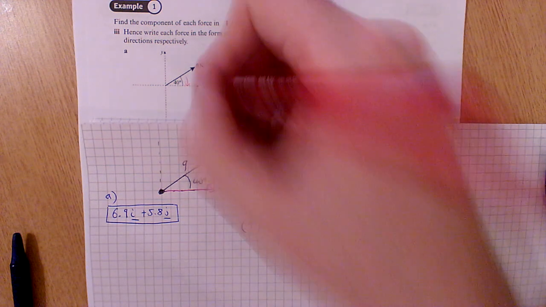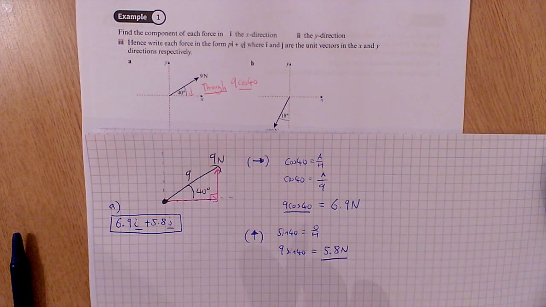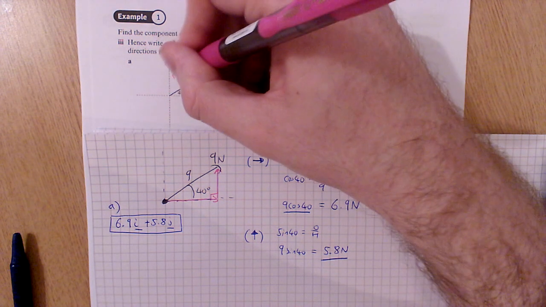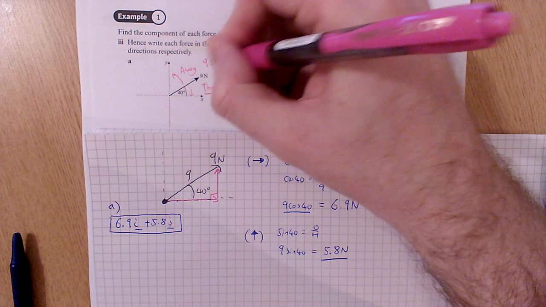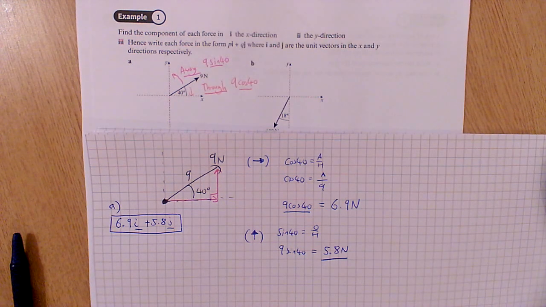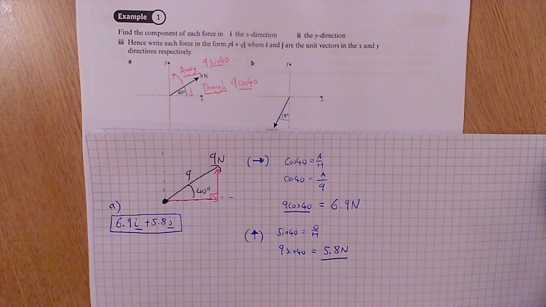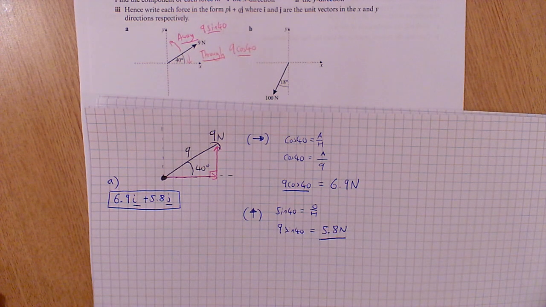So anytime it's through, we're using cos. On the other hand, anytime we move away from the angle to go to the vertical, so the 40 is not there, we've gone away from the angle, this is 9 sine 40, and the key there is that it's sine. Those rules are going to be really important. We're going to use them repeatedly, so you will get used to them. That saves us having to do this whole triangle every time, because we can write it down straight away. Let me show you what I'm talking about in part B.